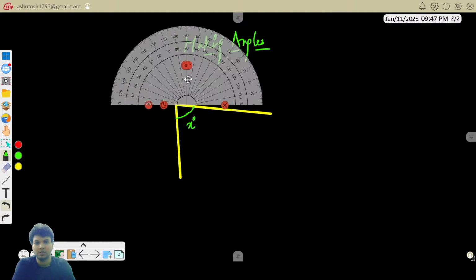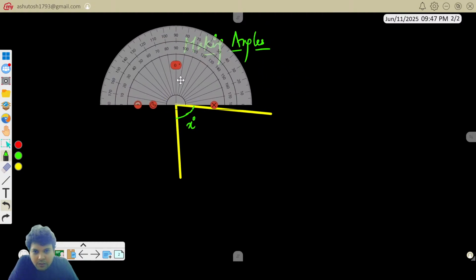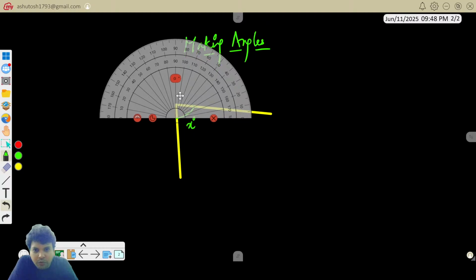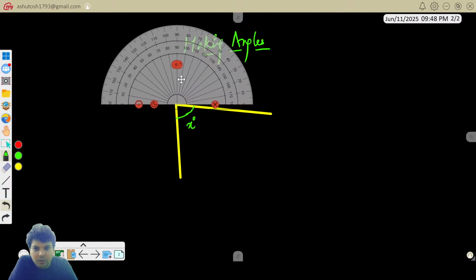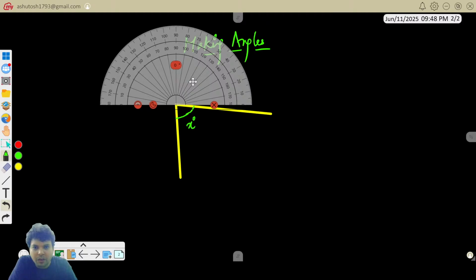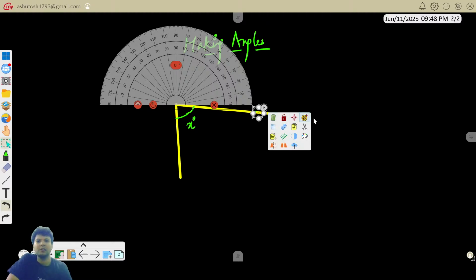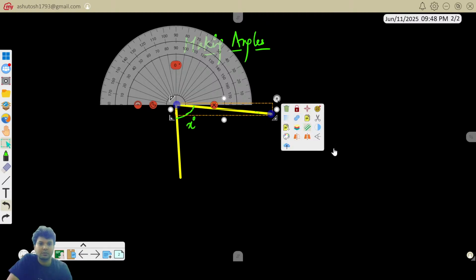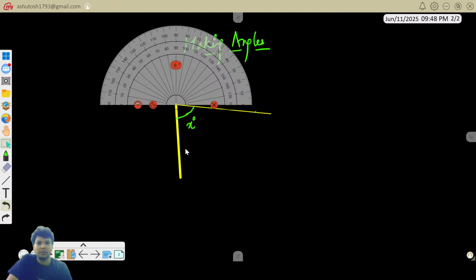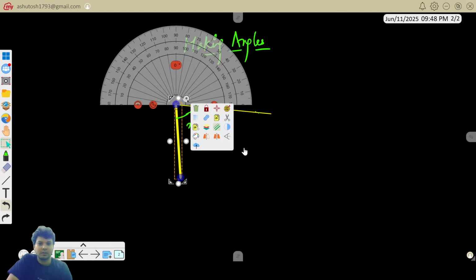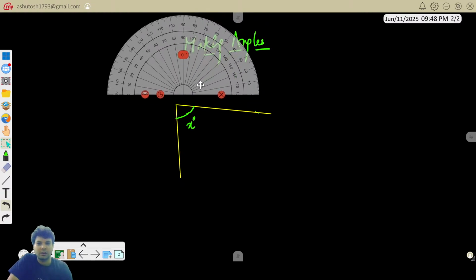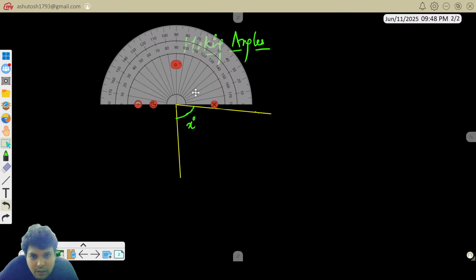One is sufficient. So first of all, before anything, we'll put it on the point from where this line is made. Actually, this line should not be that thick because thick lines will lead to a bad graph. Similarly, we'll reduce the thickness of these two lines. So we'll put it here.